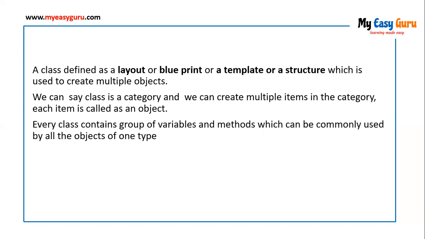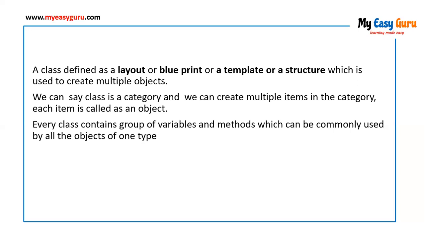We can say that class is a category and we can create multiple items in the category. Each item is called an object. Every class contains a group of variables and methods which can be commonly used by all the objects of one type.